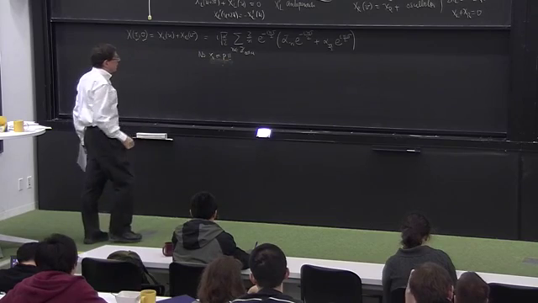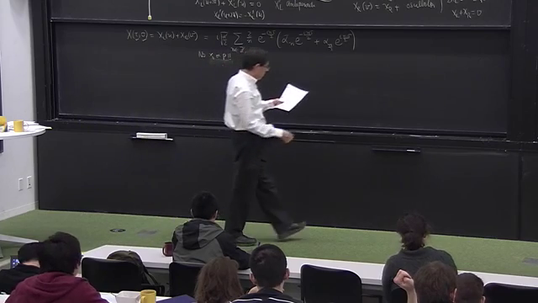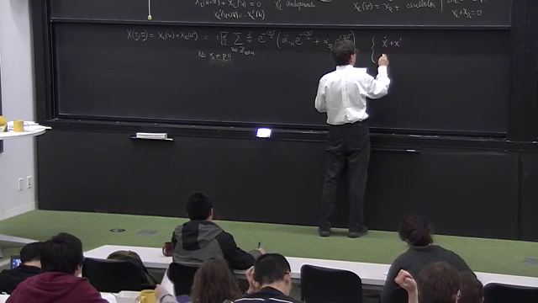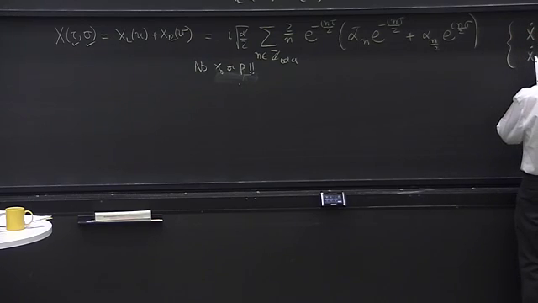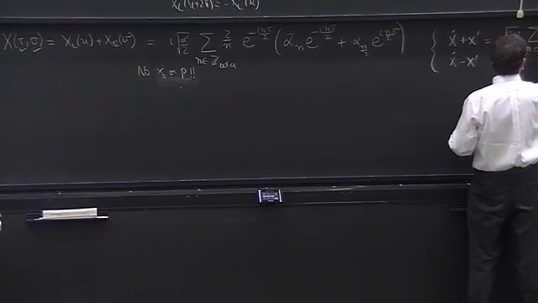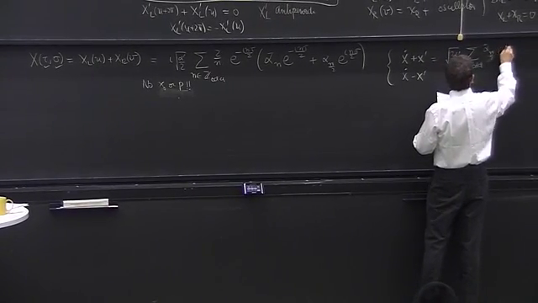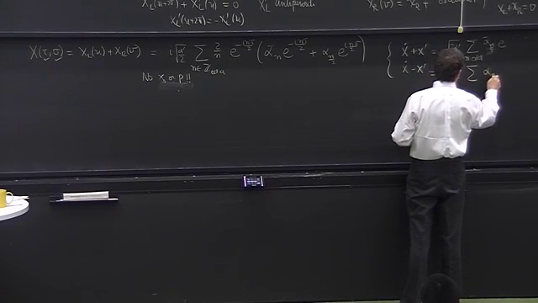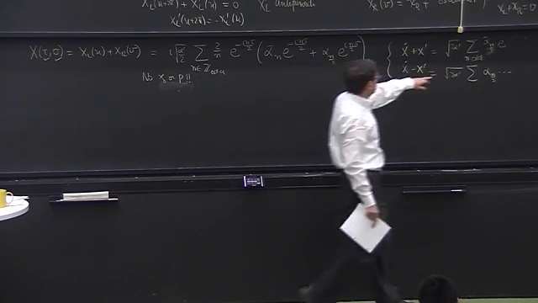Now, if you take your expansions here and do the same thing we used to do before, calculate x dot plus x prime and x dot minus x prime, we get the same thing as usual. 2 alpha prime sum over n odd this time, alpha bar n over 2, e to the, all these things, and 2 alpha prime sum alpha n over 2. The conventional stuff with the correct factors of everything.